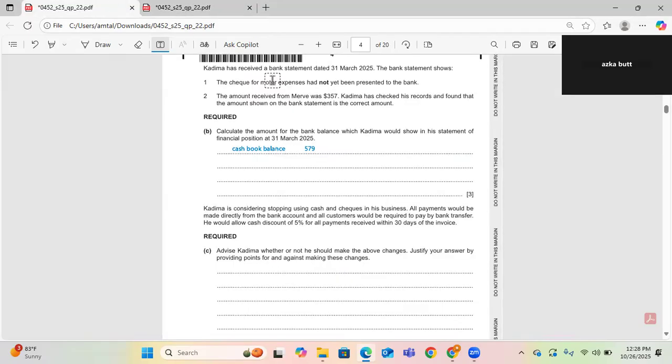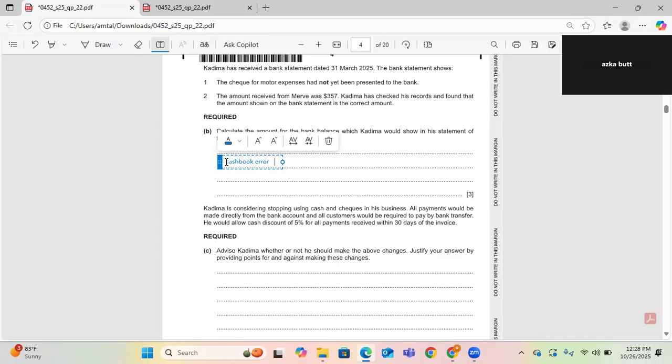The right amount was 357 when she checked. So it means that we overstated the bank balance. That's why we will be deducting the difference between 357 and 375 from here. Basically you can say that this is a cash book error because we have recorded this as a wrong amount.